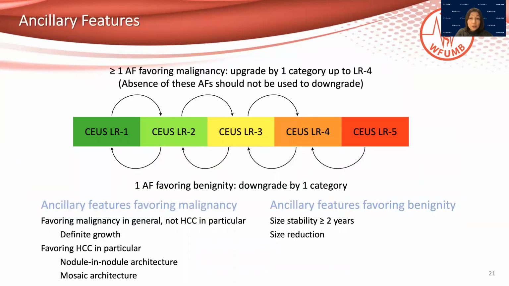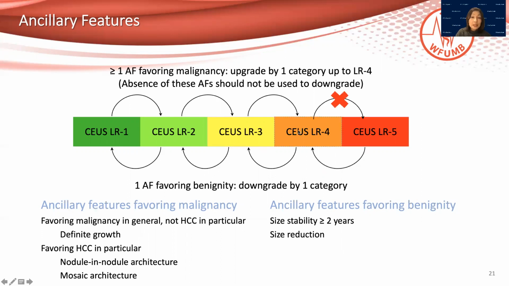I'm not going to talk about ancillary features in detail. Fortunately, there are only a few ancillary features in CEUS, not like CT and MRI, which is listed here. And it's basically to adjust categories, upgrade one or downgrade one. For example, if there's a lesion categorized as CEUS LIRADS 3, but you see growth in the nodule, it's definitely bigger than last year, then it will go up to LIRADS 4.